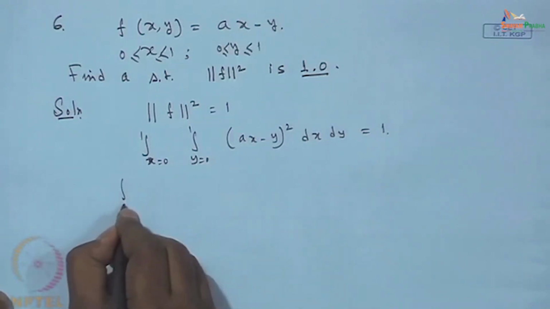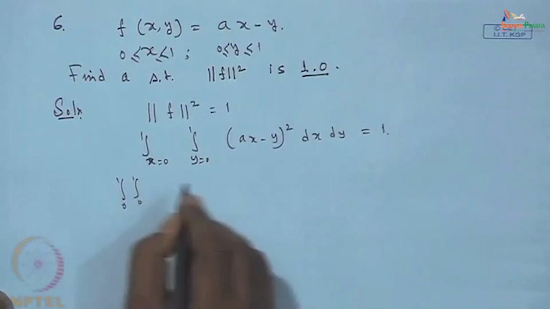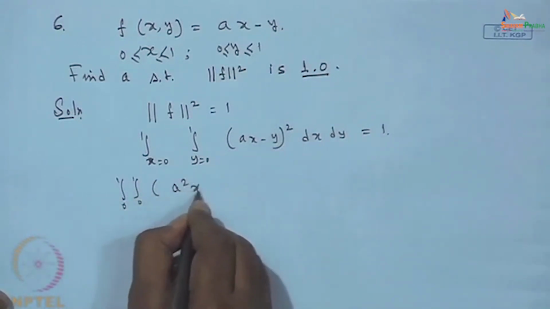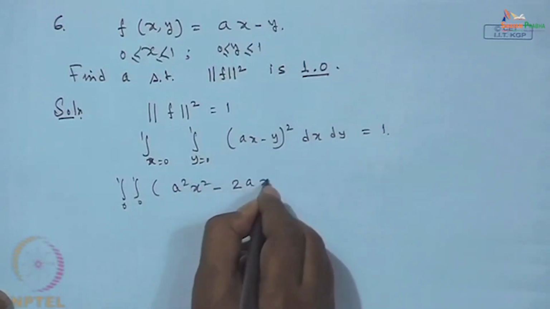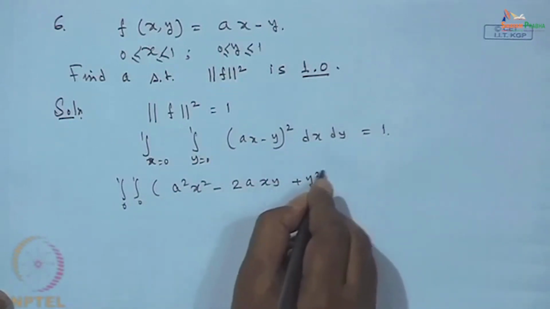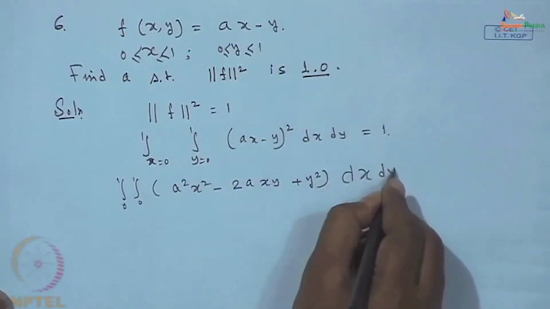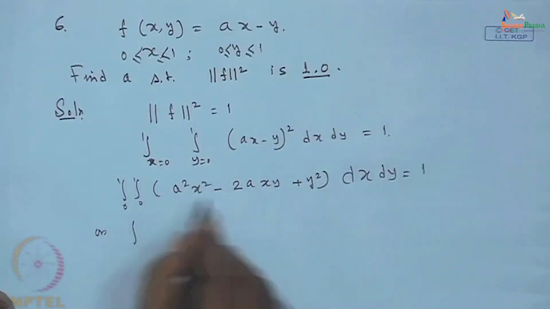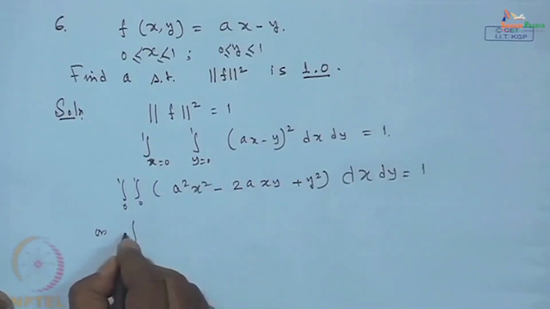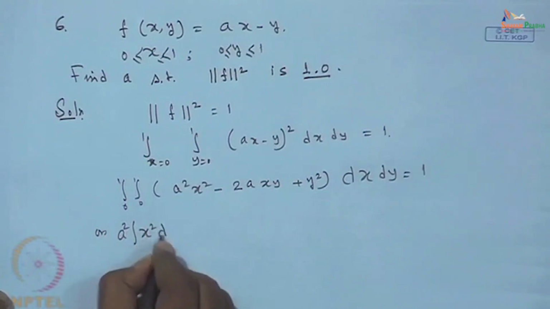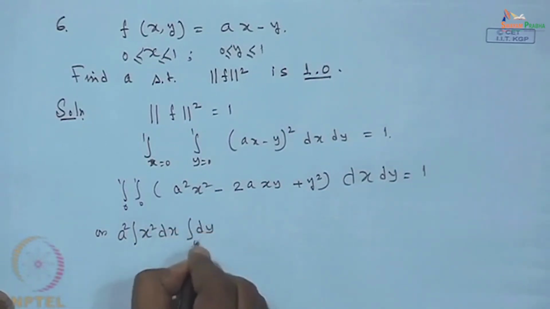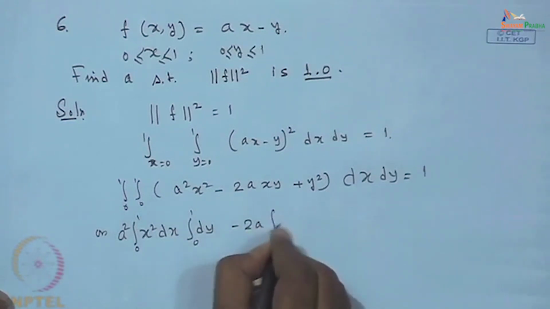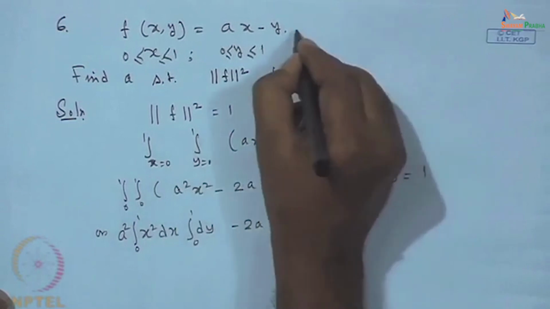So, it will be 0 to 1, 0 to 1, open up this square, a square x square minus 2 a x y plus y square dx dy should be equal to 1. Then term wise we carry out the integration, a square x square dx dy, that is the first term. Second term will be, where in this case a is a scalar.